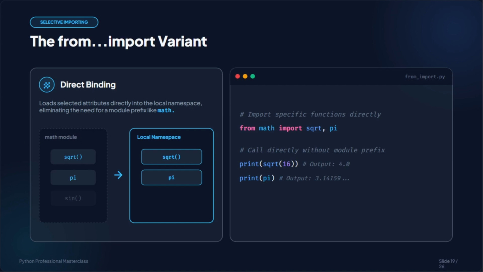Then the from import. If we only need one or two functions from a module, writing math every time becomes unnecessary. Python provides another option, which is from module import function. Let me show you with an example.